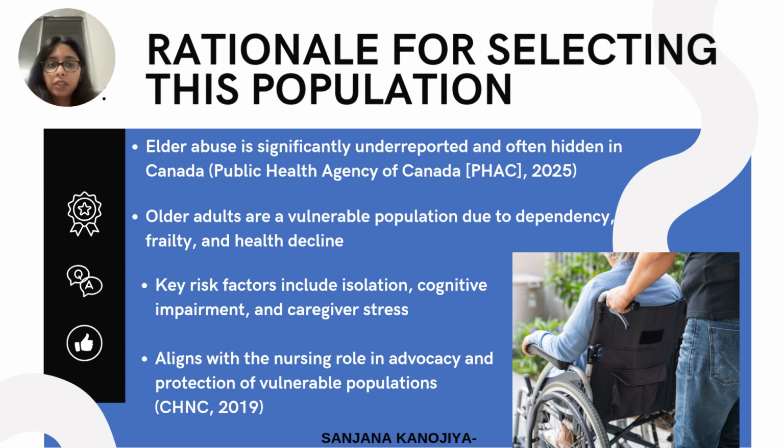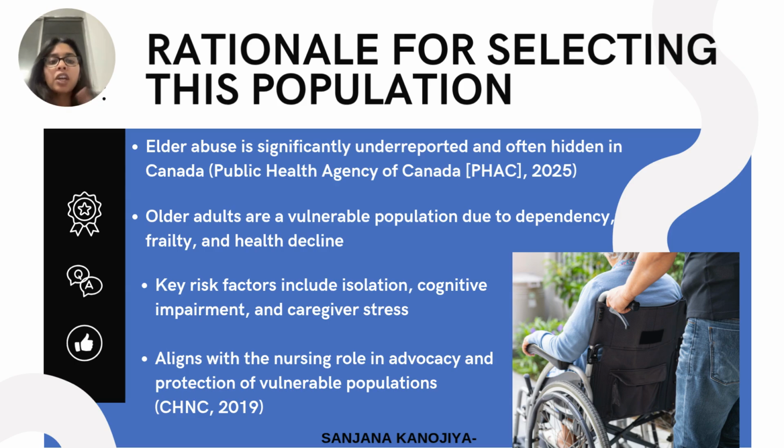Now I'll talk about the rationale for selecting this population. We chose this population because elder abuse is significantly underreported in Canada, making it a hidden and critical issue. Many older adults may not report abuse due to fear, dependency on a caregiver, or lack of awareness about the system. Older adults are especially vulnerable due to factors such as physical frailty, chronic health conditions, and cognitive decline, which lessen their ability to seek help.